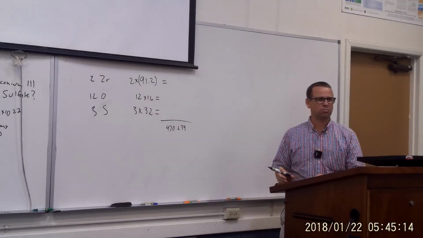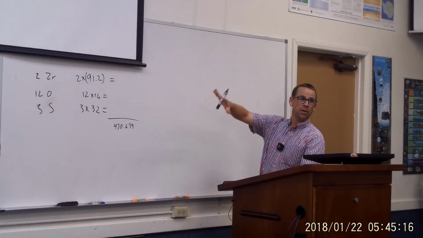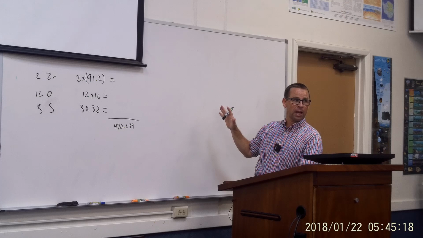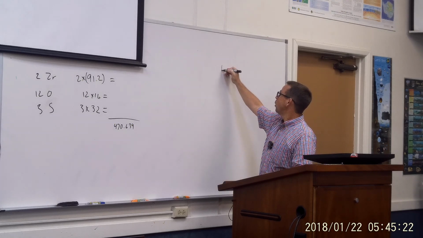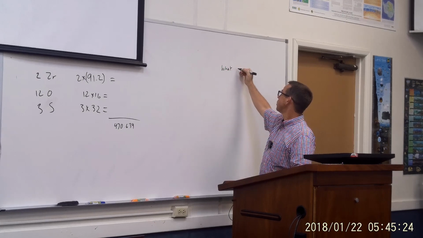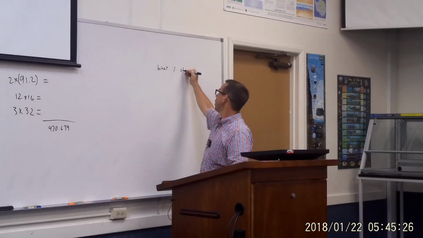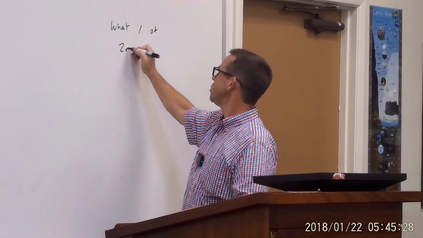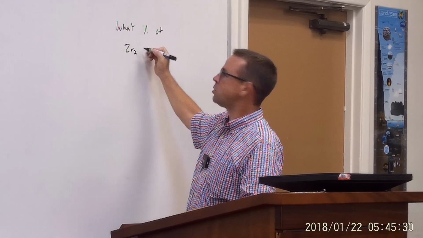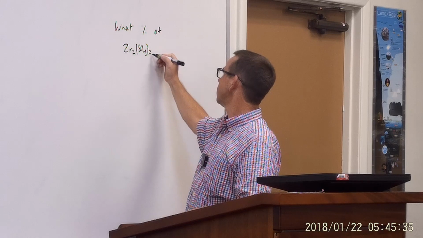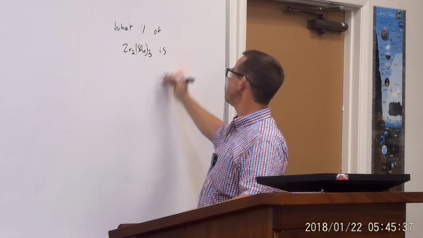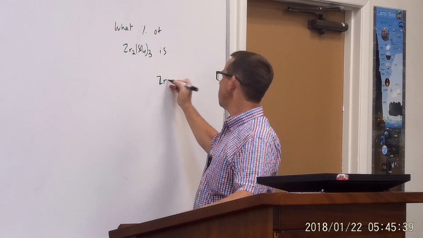Should we have one more little mini review? Just a mini review, not on this, on the next part of what we talked about last class, right? What percentage of zirconium-3 sulfate is zirconium?